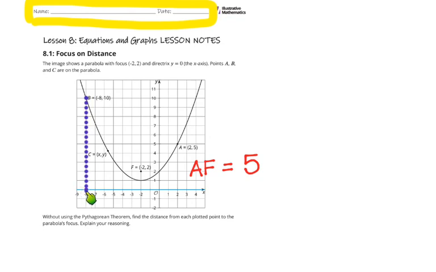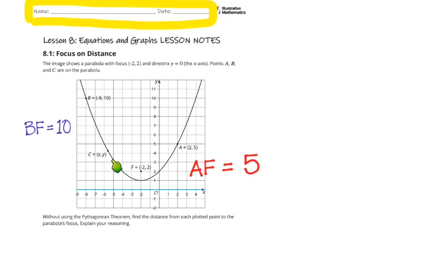So over here at point B, we can do the same thing. We have this distance that goes to the directrix, and it's going to be equal to the distance from that point to the focus. Because we can count this vertical distance, we can see that the length from point B to point F is going to be 10 as well.